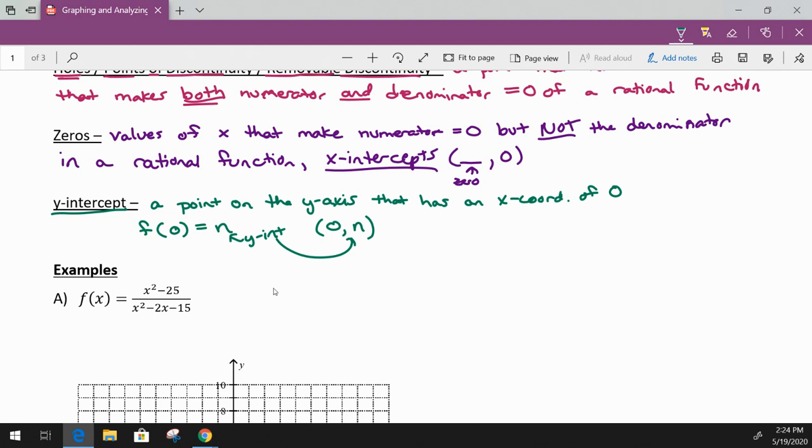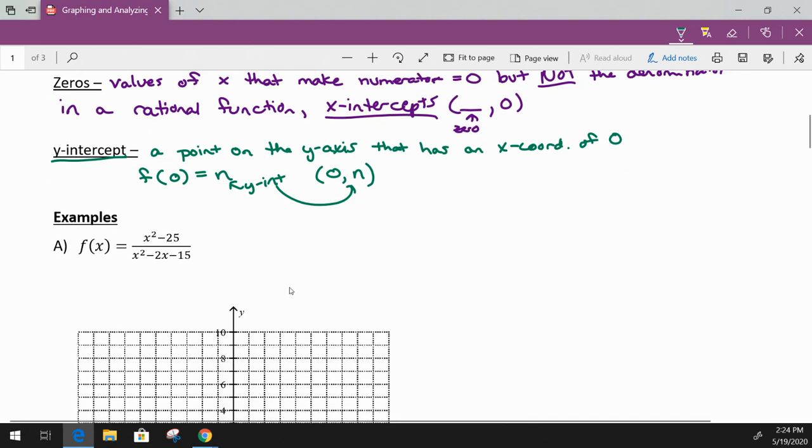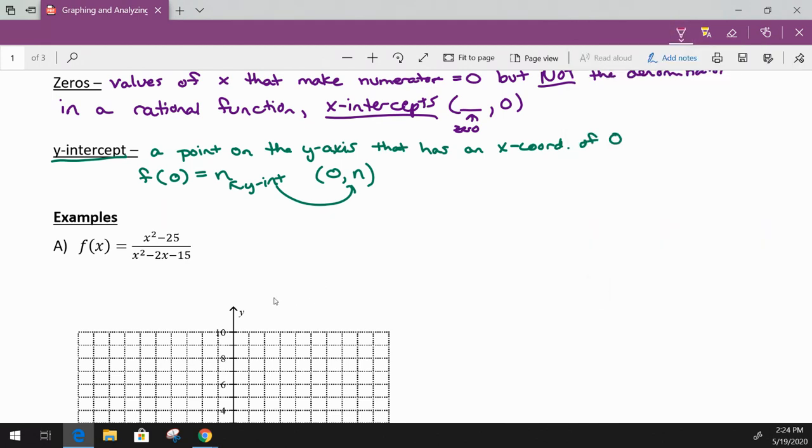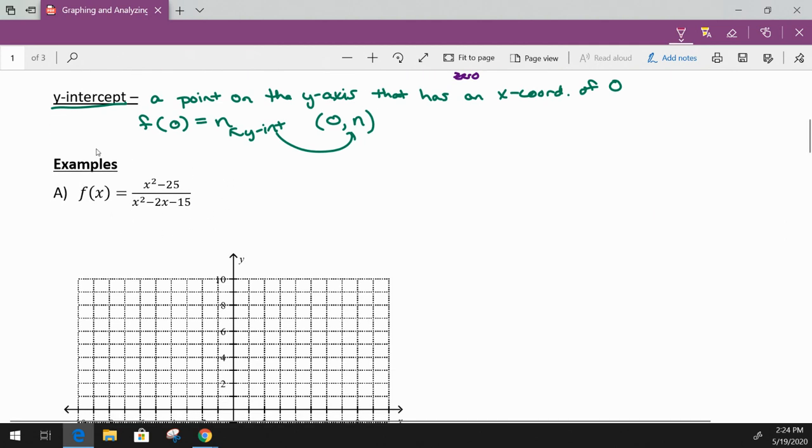Okay, so we've got several examples here. They are all a little bit different, so please pay attention to each example. I'll try to point out the differences in each one. In this first example, example A, we have a quadratic polynomial in the numerator and the denominator.